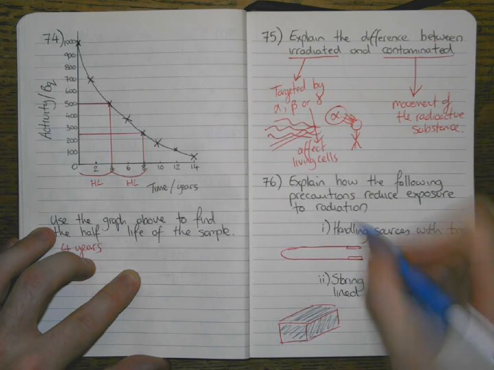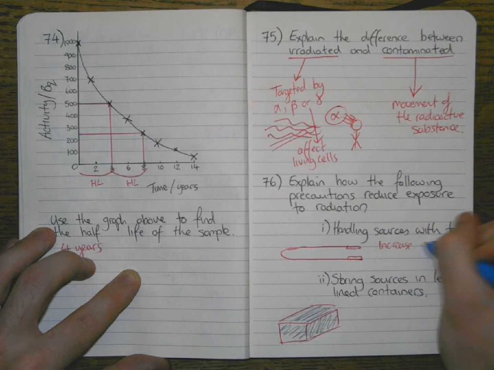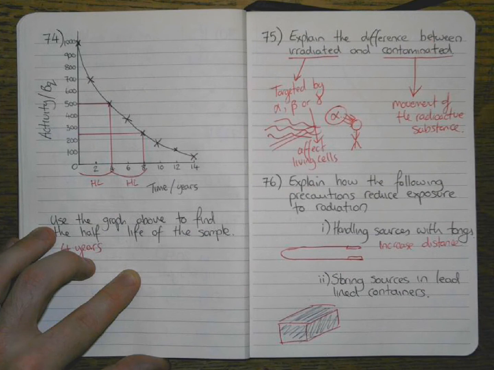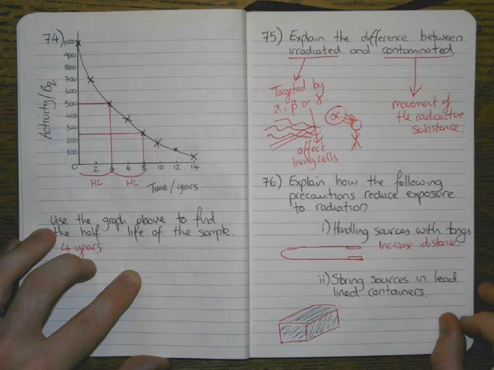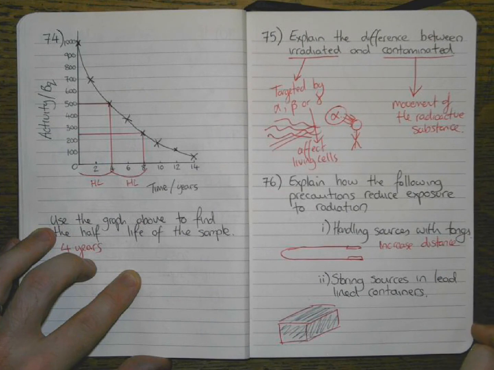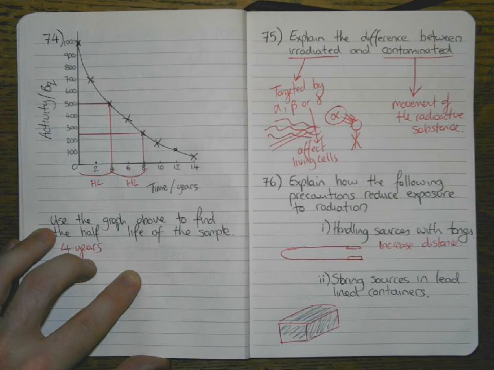Okay, handling sources with tongs, we do that to increase the distance between ourselves and the radioactive source. The further away you are from something radioactive, the less chance there is of you being irradiated, the less chance there is of it damaging your cells.